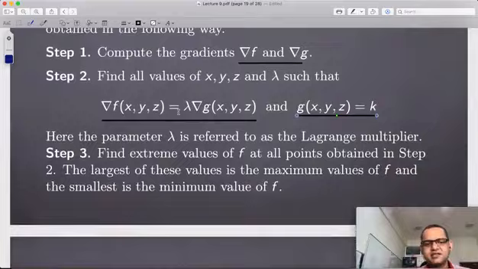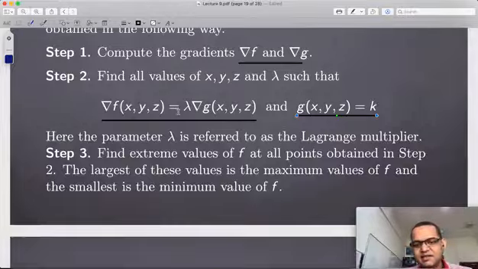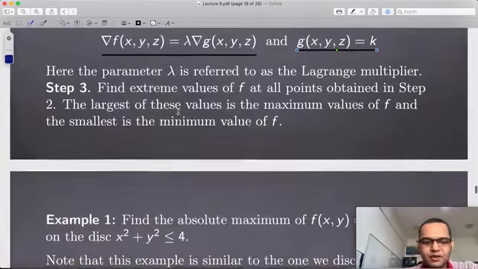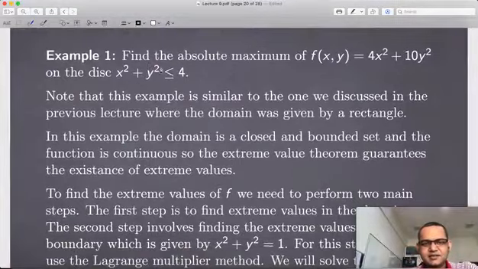So let us do a couple of examples. One example we have already done, that example of finding extreme values over a rectangle. I am going to give you another example, so that you have more than one type of example, and then you can solve the previous example using this idea. So let us look at this example.